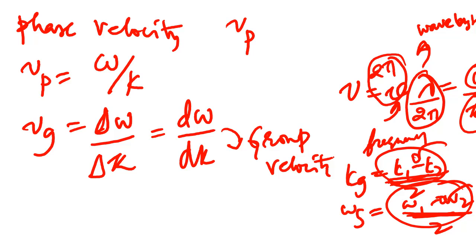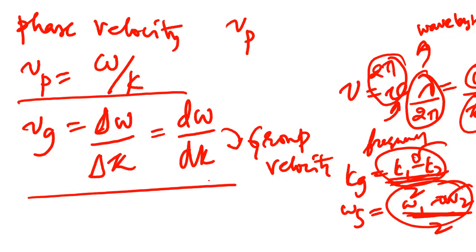Based on those definitions, we derived the phase velocity and the group velocity. So that is the difference between the phase velocity and the group velocity. Okay, we'll stop here for this lecture. Thank you.